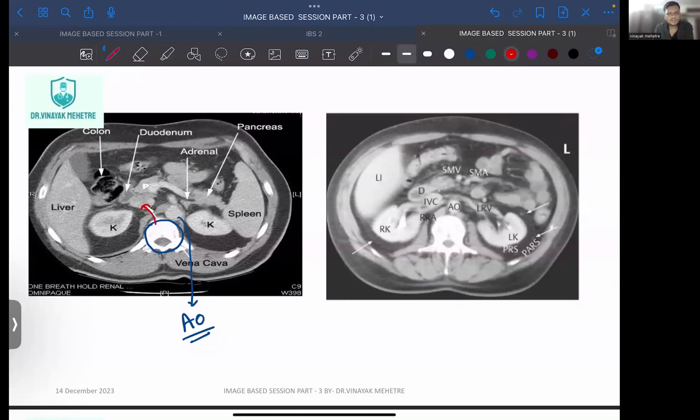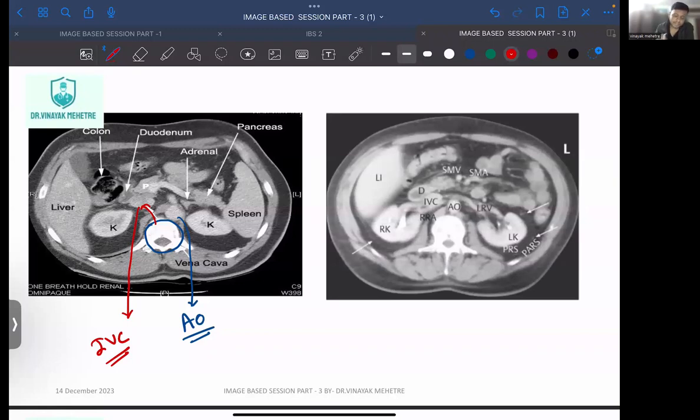To the left on your screen, what do you think it is? It is the inferior vena cava. To the left on your screen is actually the right.